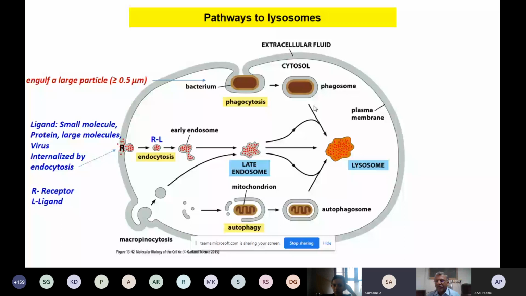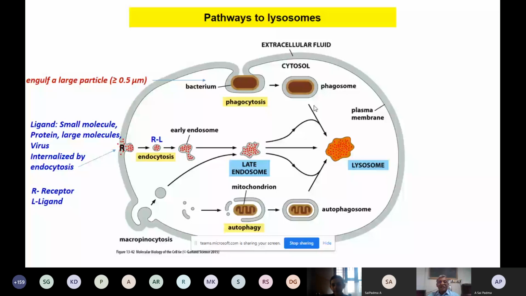Yeah, video is on. Now, there are different pathways to the lysosomes. For example, within the eukaryotic cell, how do the glycoproteins or the macromolecules reach the lysosomes? Three different pathways are known.